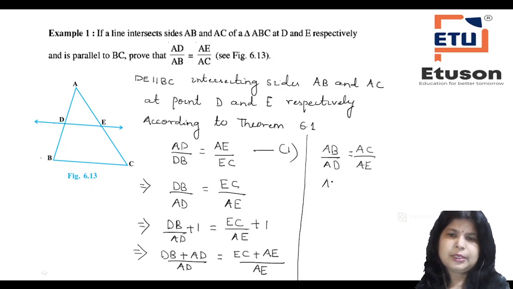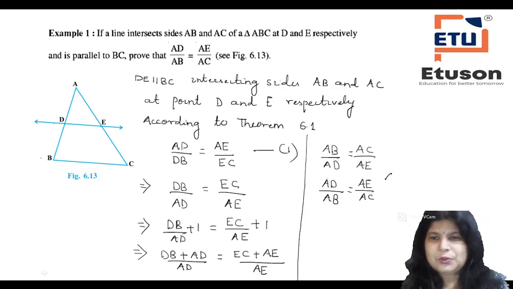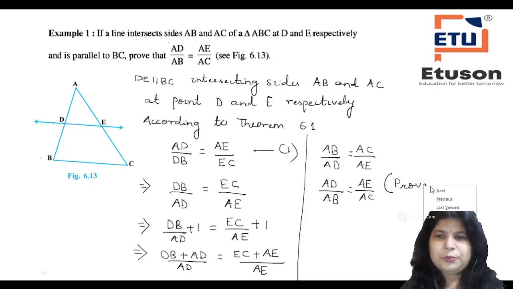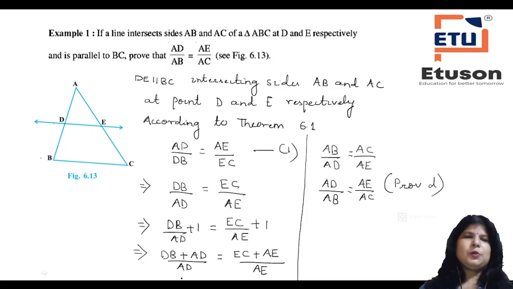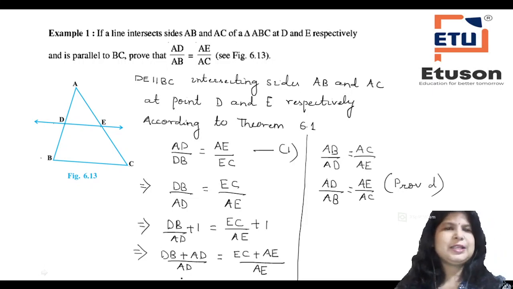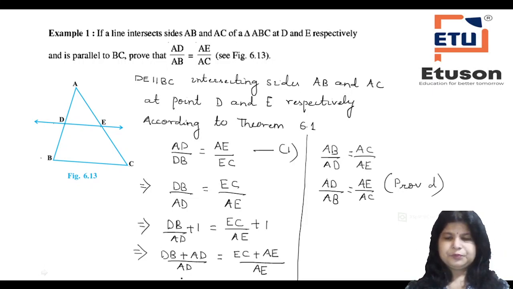So you'll get AD by AB is equal to AE by AC. Right? So this we needed to prove, and whatever we wanted to prove, now we have proved it. Correct, children? Hope you have understood. Now let us go to another problem.